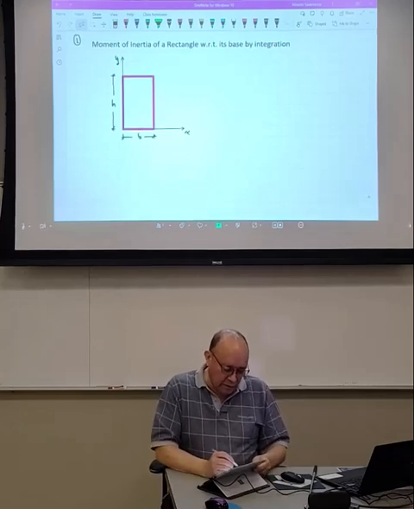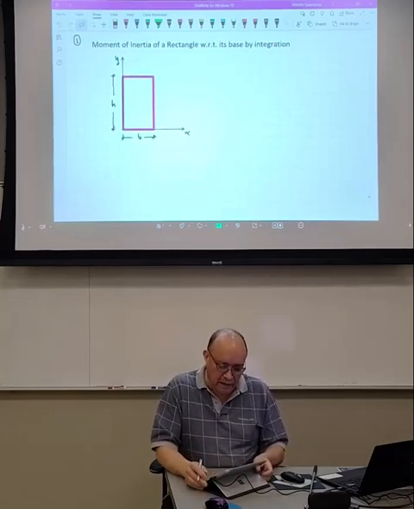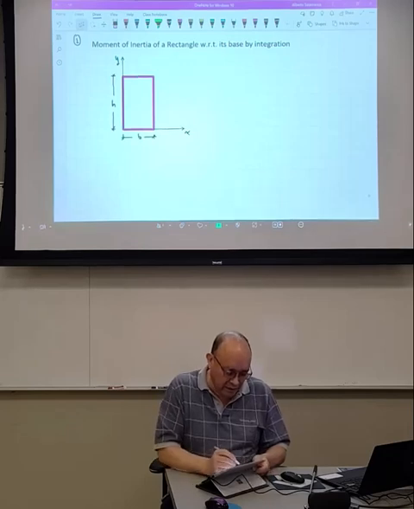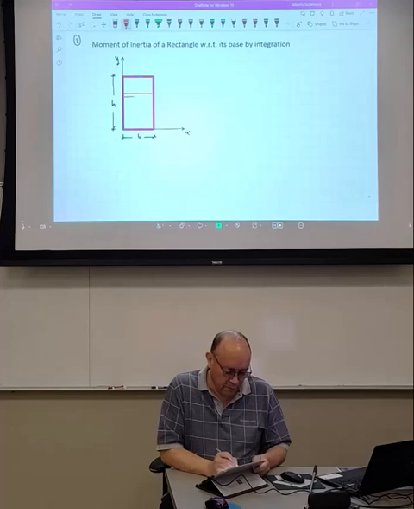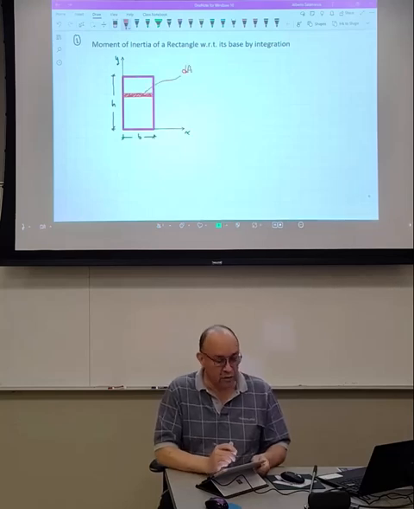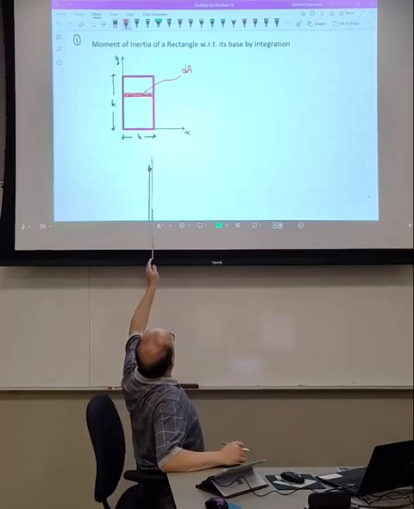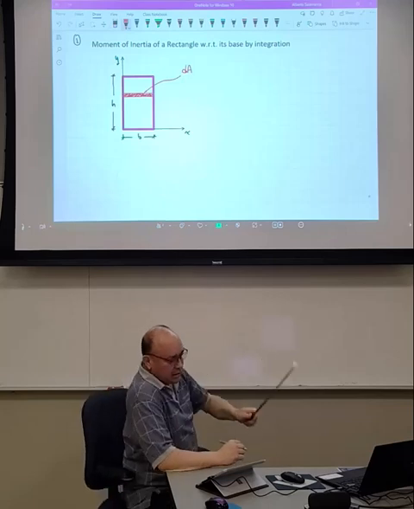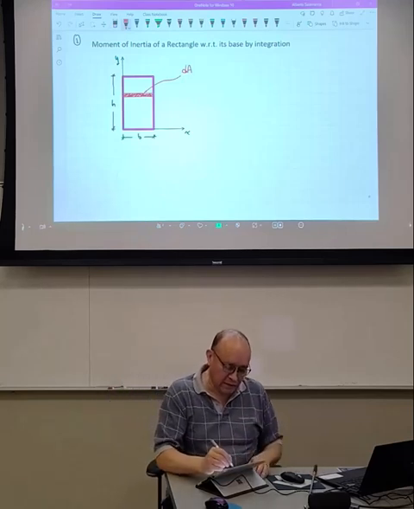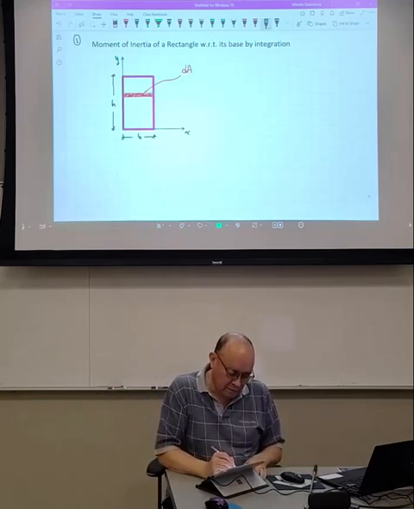So I'm going to select a differential area. I'm going to choose this differential area. It's a piece of area that has all its elements at the same distance from the x-axis. So the distance is this.